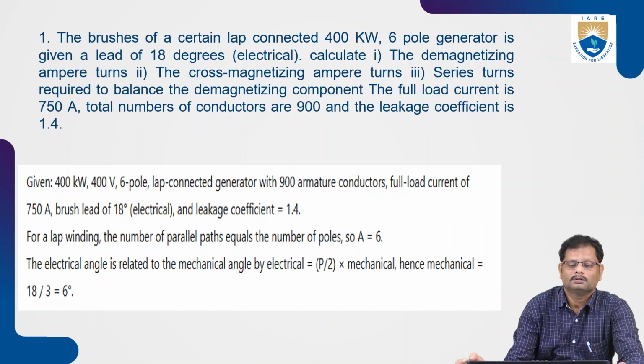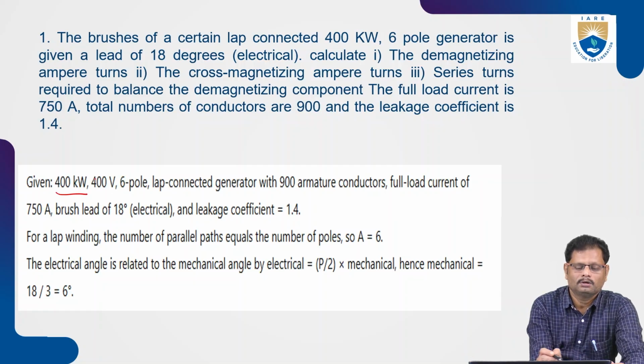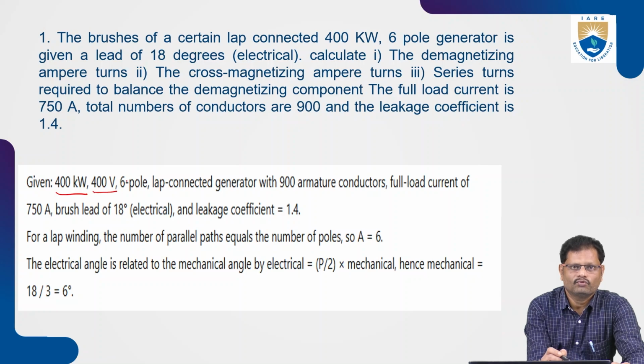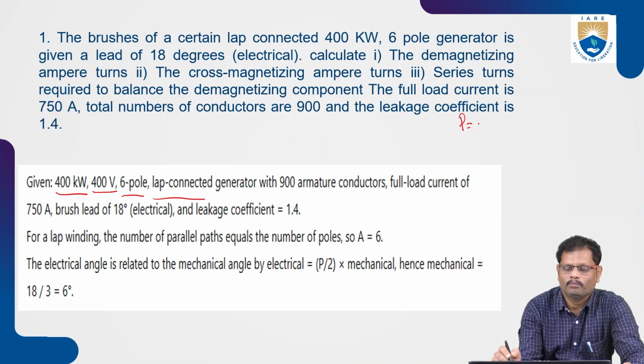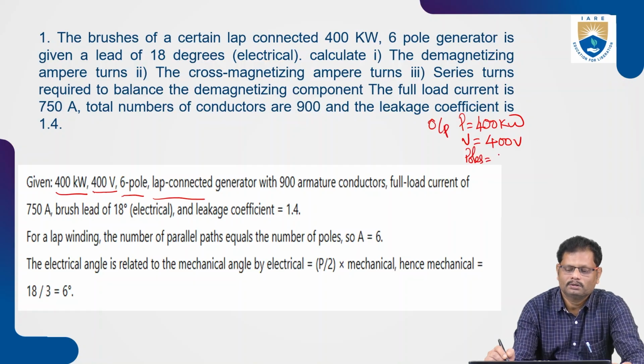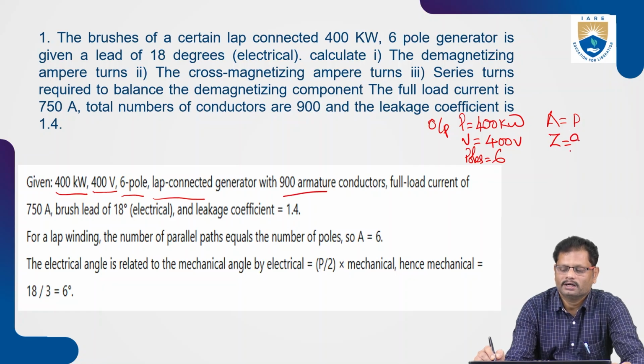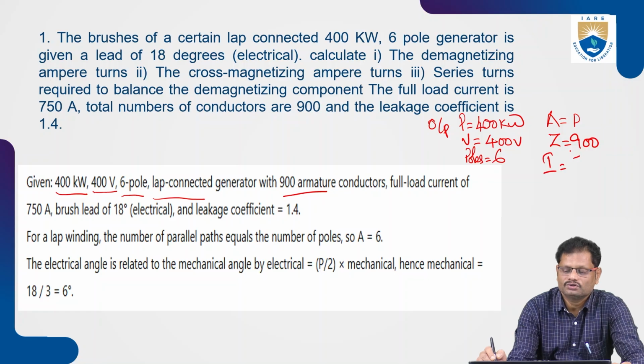In given data, the generator rating is power 400 kilowatt, voltage 400 volts, given number of poles P equal to 6 and lap connected means here A equal to P. Given number of conductors as 900 and full load current is given as I equal to 750 amps and theta E equal to 18 degrees. Leakage coefficient is 1.4.